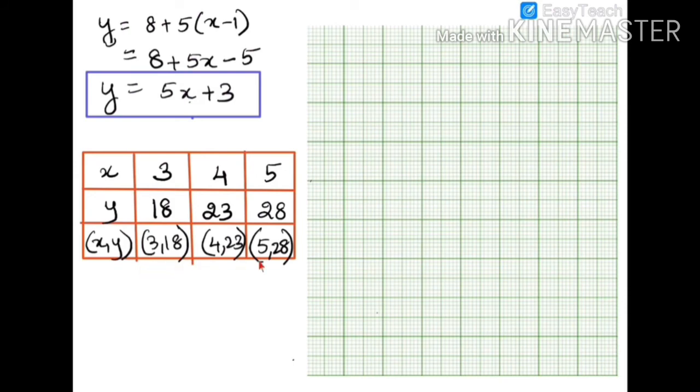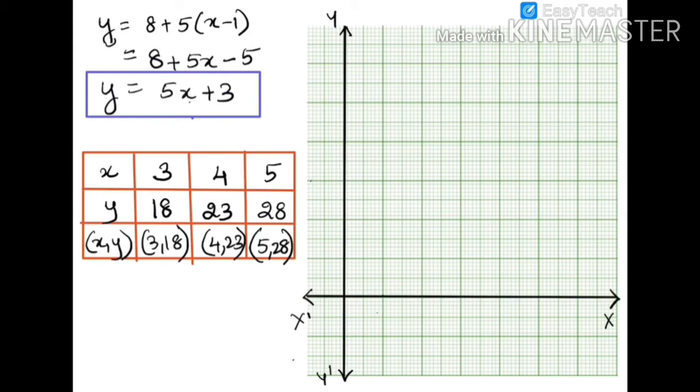Let's now represent these points on the graph. Since the x coordinates and the y coordinates are positive, we need to represent only the first quadrant on the graph. So draw the y-axis, label it as y, y dash, and the x-axis and label it as x dash, x.